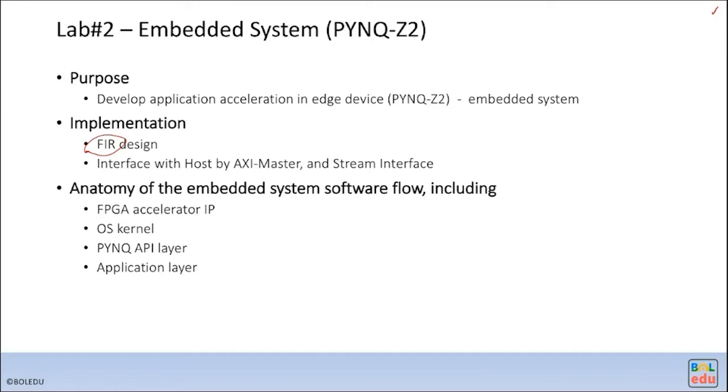In this lab, you will get familiar with the AXI master and stream interface. This lab also teaches you the whole embedded system software flow. Basically, you need to understand how the kernel communicates with the application program through the intermediate software driver and the hardware support.